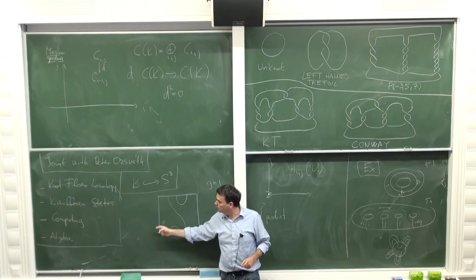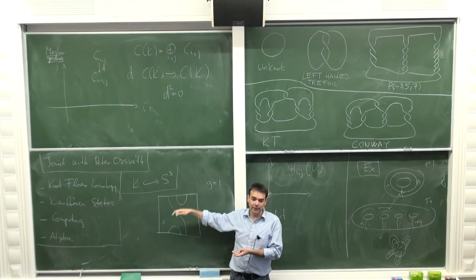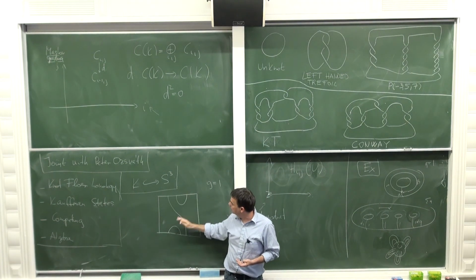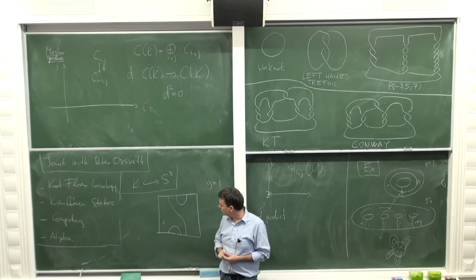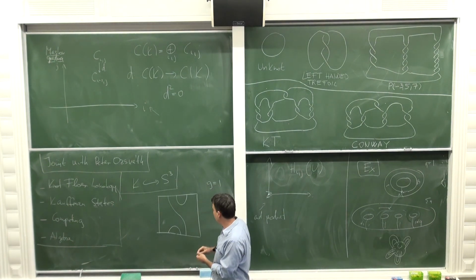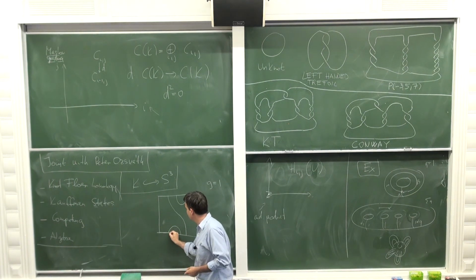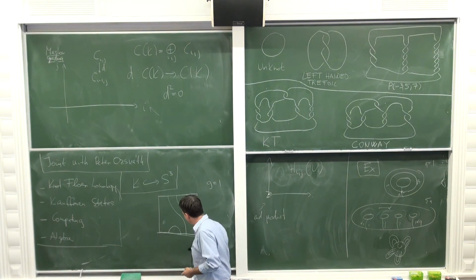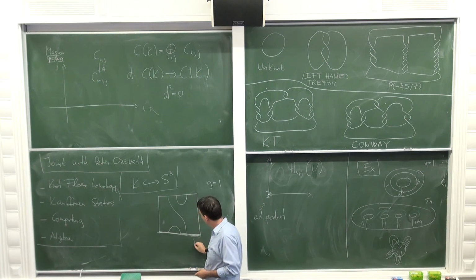I take this rectangular region and glue the ends of the two sides together, and this side there. So this is a torus. Inside there are two kinds of circles. Maybe I draw it. This will be maybe alpha, and the other one is beta.